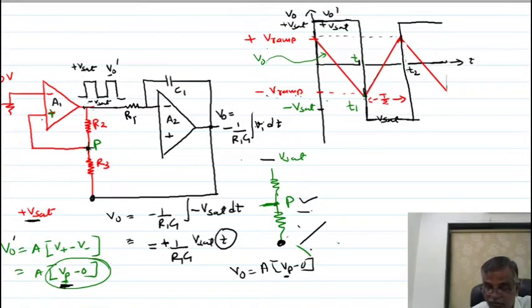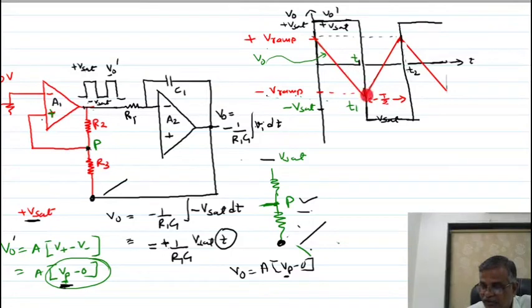This is the output of A2, and this is the output of A1. At T1, this VO dash becomes minus Vset. At T2, this voltage becomes slightly more than 0, so the output of A1 becomes positive. From minus it becomes positive.